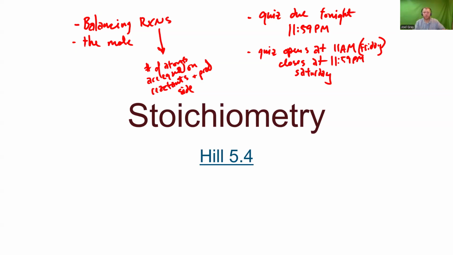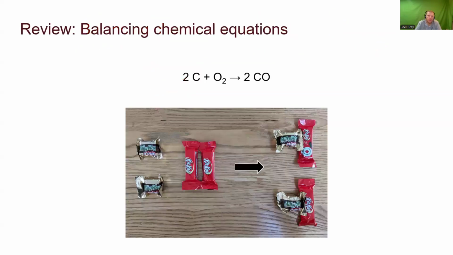Stoichiometry brings into play both balancing reactions and the mole. When it comes to balancing chemical reactions, what you have the power to do is modify the coefficients. This number two indicates that you have two carbons.